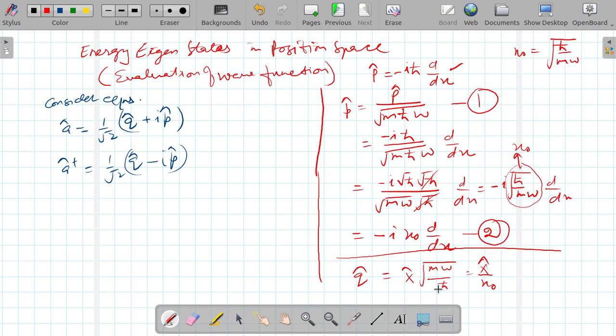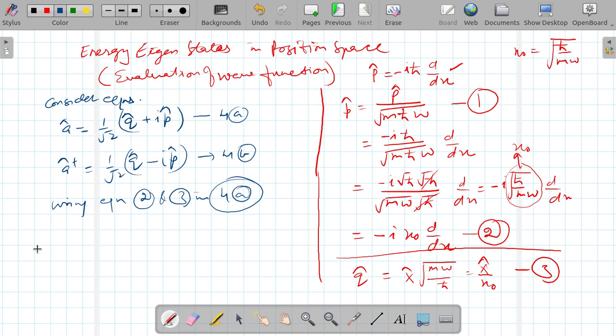So let me call it equation number 3. Now, using equations 2 and 3 in equation 4a, let me call it equation number 4a, and this is 4b.